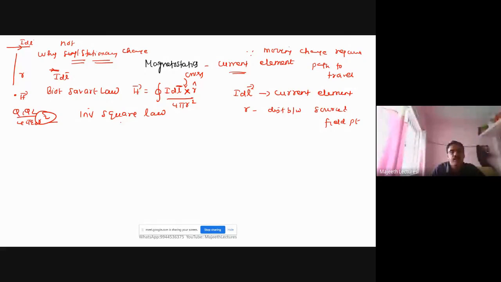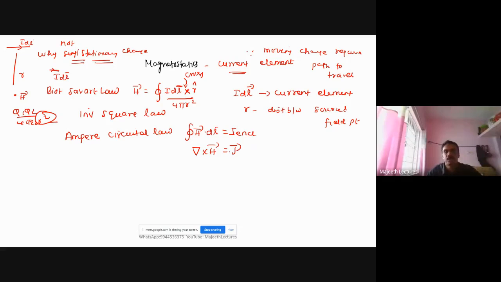Next, we have to know Ampere circuit law, which is like our Gauss law. That is, closed integral of H dot dl is equal to I enclosed. Otherwise, del cross H is equal to J. Now you see the curl of the magnetic field has come.